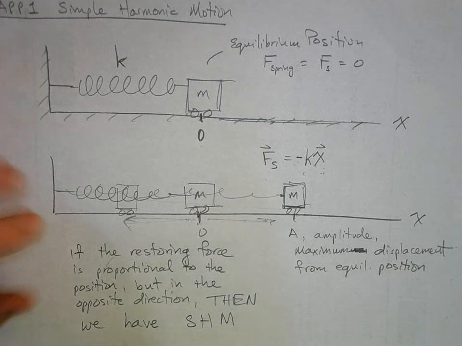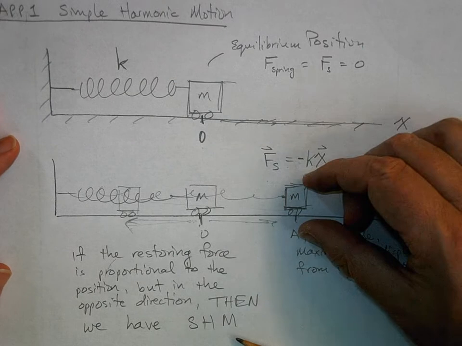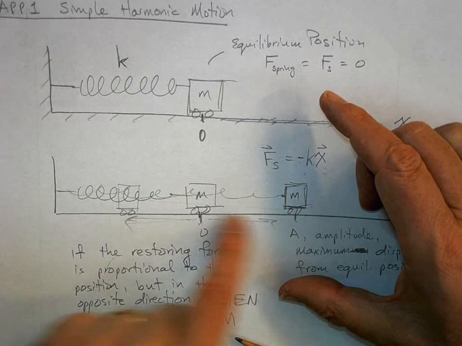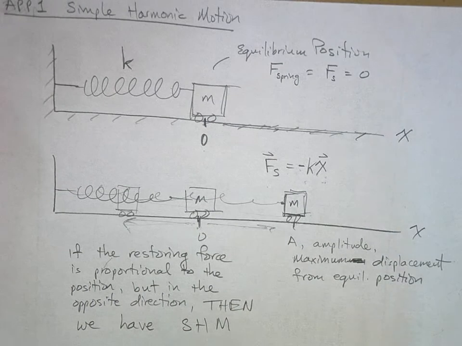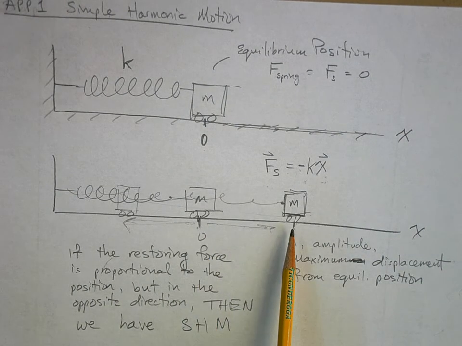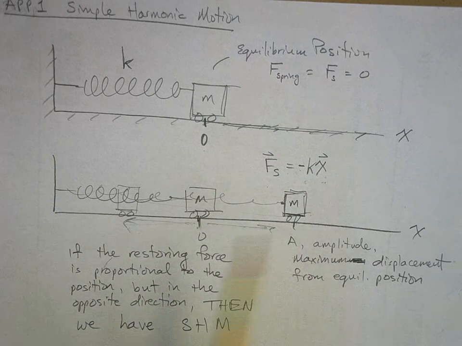Now, it's going to take a certain amount of time. So let's say I pull this thing back like this and I release it. It's going to go, and notice that from an energy point of view, the energy is either in kinetic energy or in the energy of the spring. And it's going to go back and forth, back and forth, back and forth.